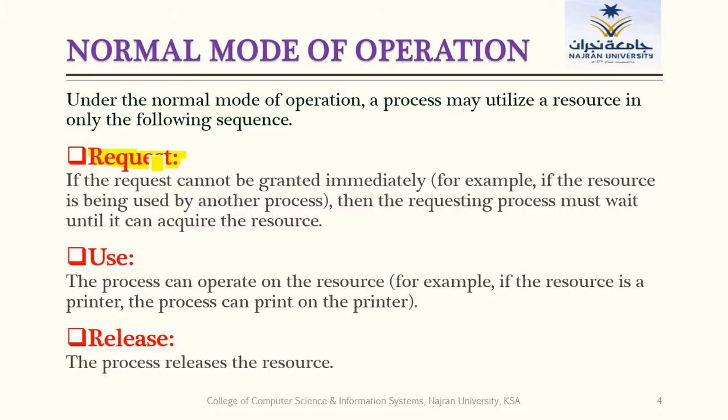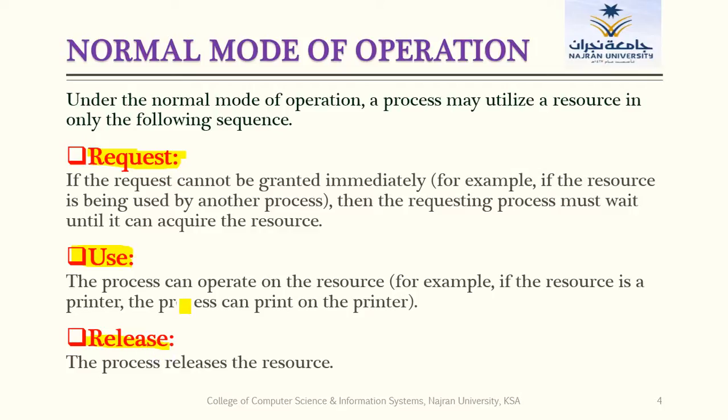If it is available, then it will assign that resource to the requested process. Then he will use the resource, and when his work finishes, he will release the resource.